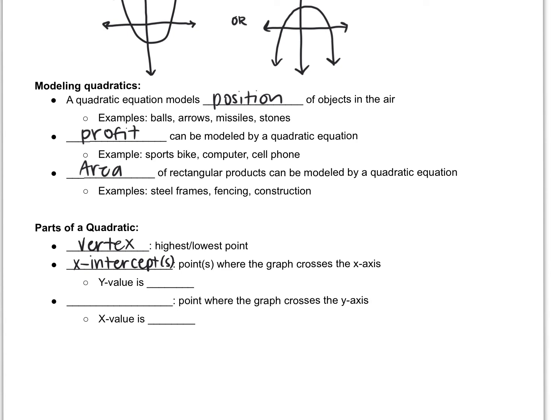More specifically, that's when your y value is 0. And then there is the y-intercept, which is the point where the graph crosses the y-axis. And in that case, the x value is 0. Now, a quadratic may not always have x-intercepts, but it will always have a y-intercept.